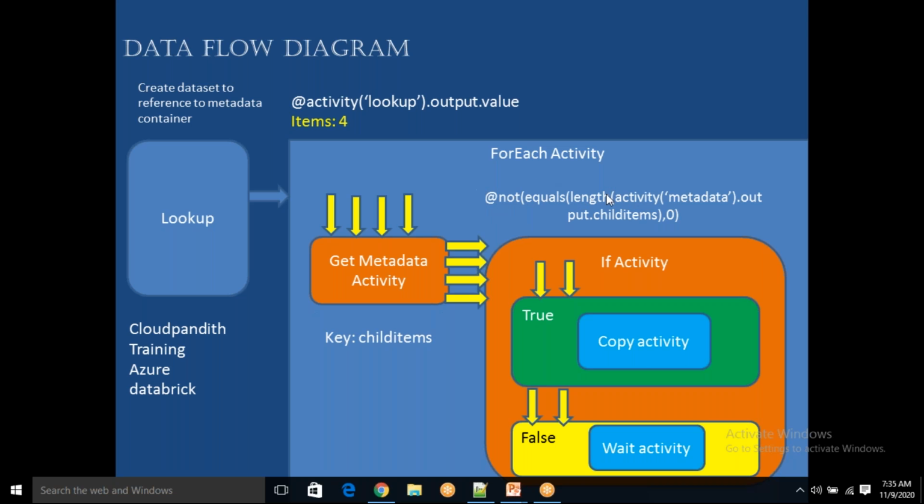Based on that, we understood we have some files, so the overall condition is true. If it is true, I go to the true condition and add the copy activity. What will the copy activity do? It will pick the files from the Cloud Pandit container and load them into some output container. It doesn't matter which, but it will bring all the files into your output container.